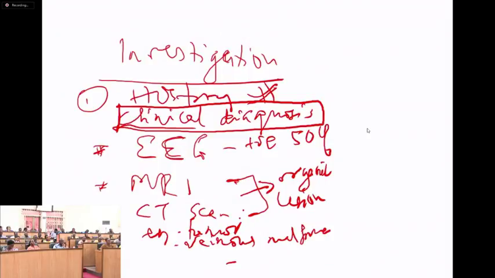It may show an infective focus, like cysticercosis, or it can show any space-occupying lesion. Any space-occupying lesion could be an abscess, it could be anything within the brain.